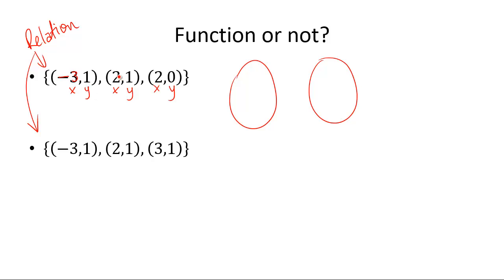So -3, 2, and 2 are the inputs. So that's actually your domain. So if you were asked for domain, you could say that the domain is -3 and 2. So 2 doesn't have to be repeated. And the range is all your outputs, the black numbers. So 1, 1, and 0.